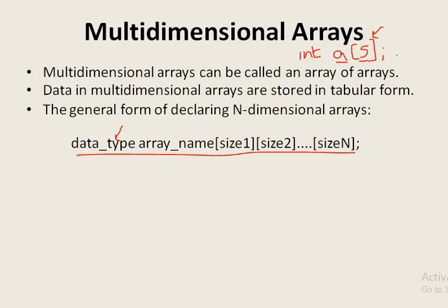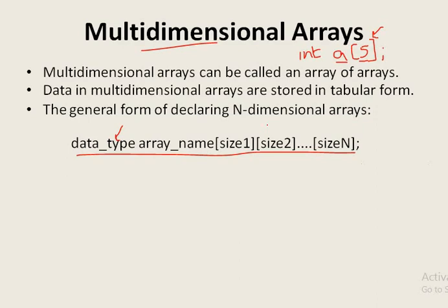If there is more than one subscript, then it belongs to the category of multidimensional arrays. It can be 2, it can be 3 or any number of subscripts. In general, if there are n subscripts, it is known as an n-dimensional array. If the number of subscripts is 2, it is called a two-dimensional array.